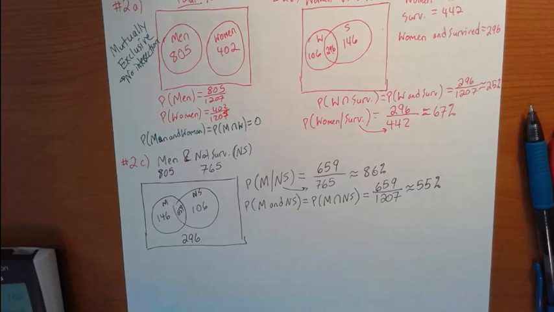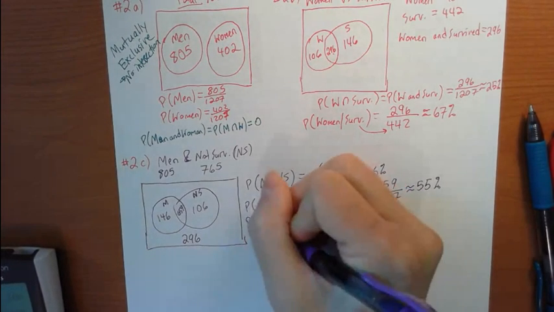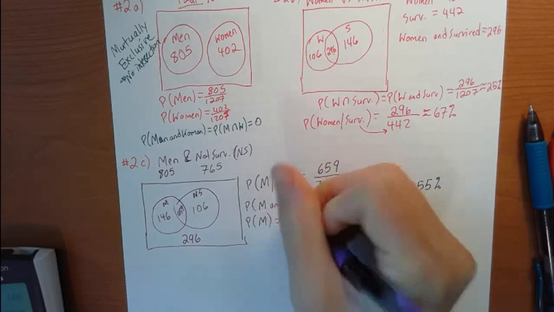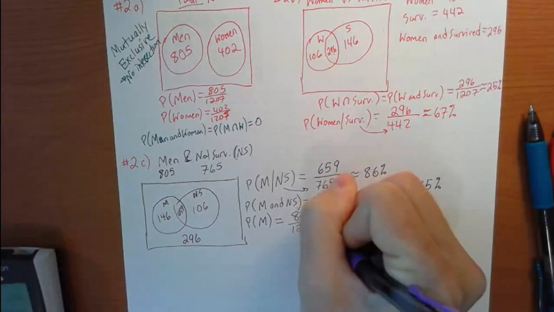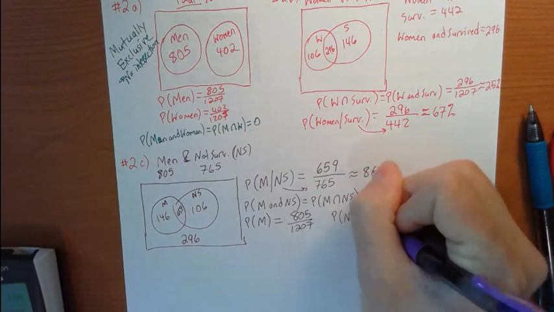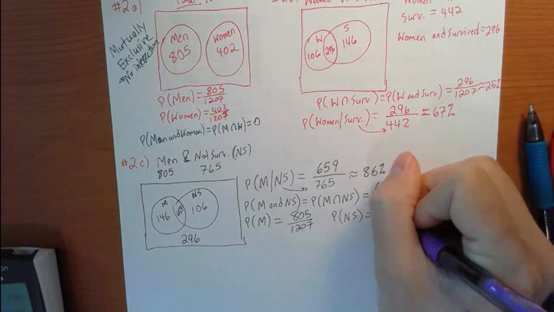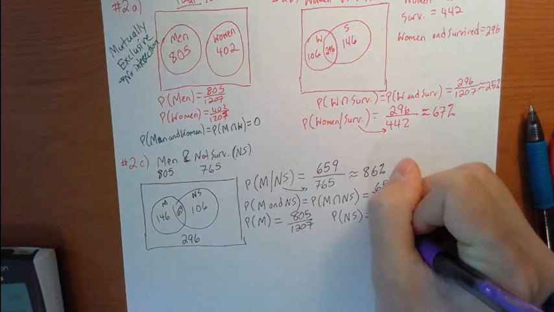Different probabilities. So if we wanted to keep finding some more here, the probability of being a man was 805 out of 1,207. The probability of not surviving is 765 out of 1,207.